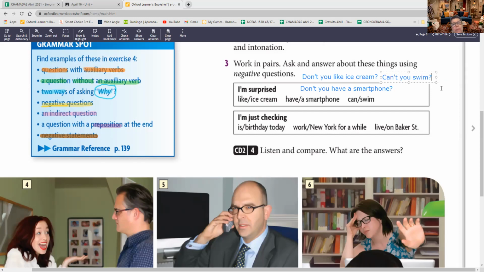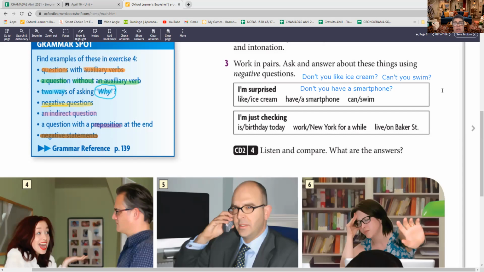Can't you swim? Of course, guys, in a very colloquial situation, in informal speech, you can show surprise by using the statement form. Instead of saying, can't you swim, you can say, you can't swim. Okay, Sabrina, your example is not wrong because a lot of people say it like this.